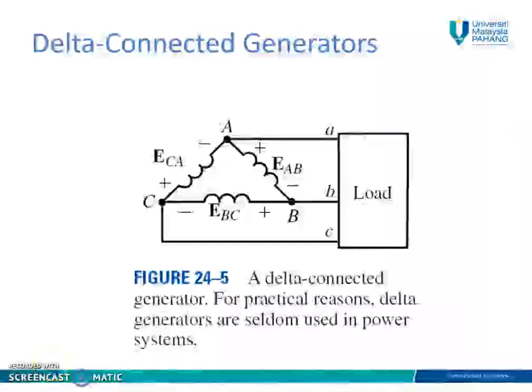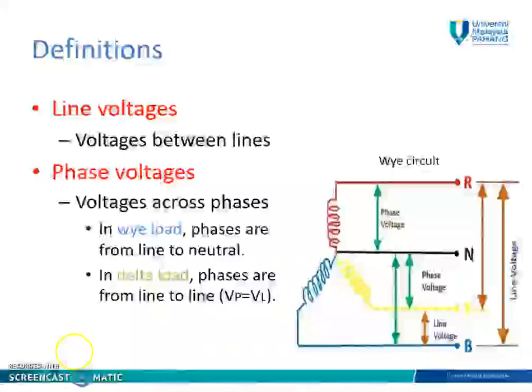Okay, besides Y connection, we also have delta-connected generators. But for practical reasons, delta generators are seldom used in our system. As mentioned before, there are a few parameters that we need to consider in a 3-phase system. The first one is line voltage.